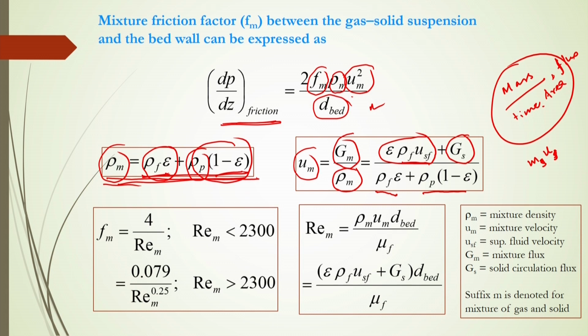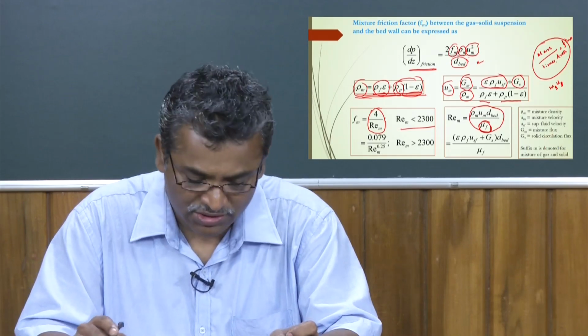Fm is nothing but the friction factor for mixture flow. This friction factor for mixture flow can be calculated here by REM, where REM less than 2300 is okay, and for REM greater than 2300, Fm will be equal to 0.079 by REM to the power 0.25, whereas REM is defined by the mixture density, mixture velocity and mixture viscosity. Mixture viscosity is nothing but the fluid viscosity here, because gas viscosity is very negligible compared to the liquid. Here, for liquid solid operation only the fluid viscosity or liquid viscosity will be considered.